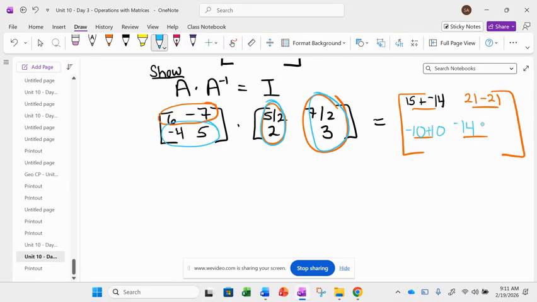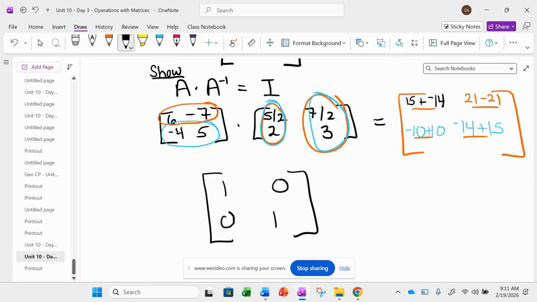And then 5 times 3 is a positive 15. So then when we simplify this, we end up with 1, 0, 0, 1. Is that the identity matrix for a 2 by 2? Yes. All right, last thing we're going to do today.